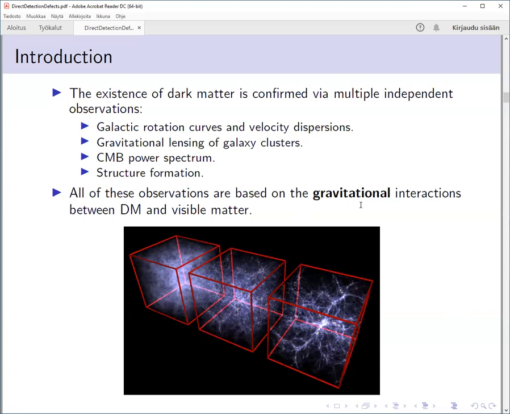So all of these evidence or hints for the existence of dark matter come from different scales, from the galactic scale to the scale of the whole visible universe in the CMB, and contain different dynamics: the mergers of clusters that we see in real time in the bullet cluster, or the reconstruction of how the structure was formed.